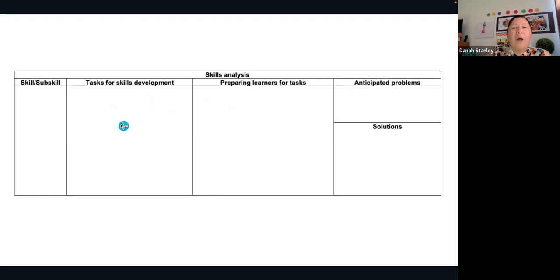So they are going to analyze how present perfect is used with since and for, because probably that is my objective. So how I'm going to achieve this activity, and as well the anticipated problems and solutions.